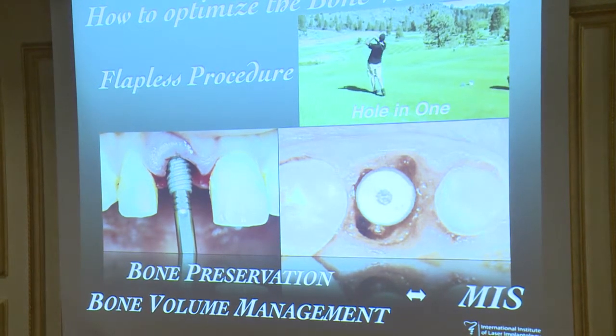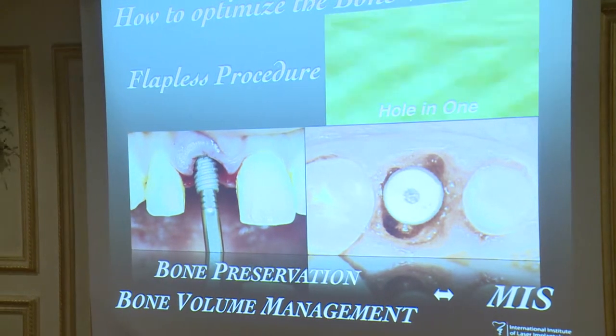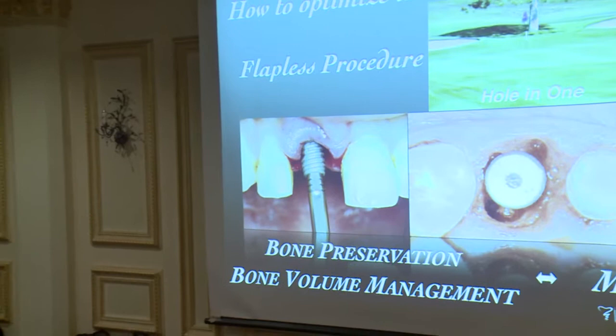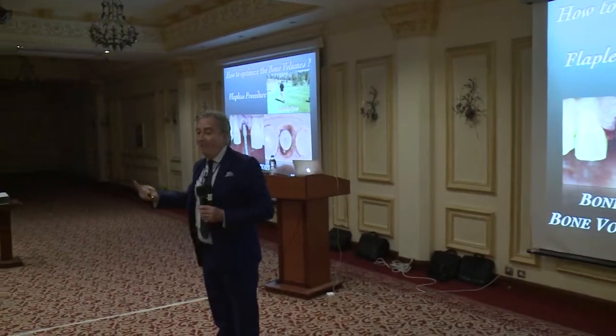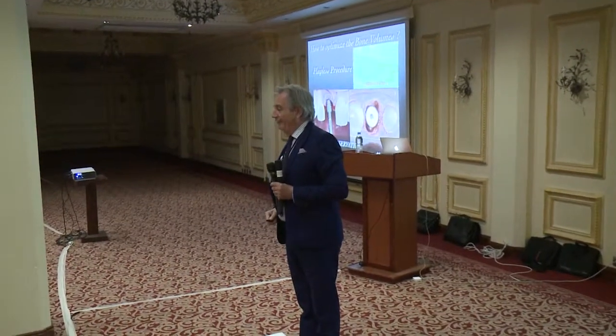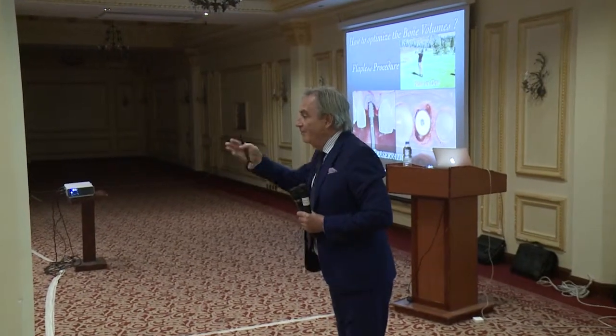The hole-in-one in golfing is the Grail. This is the dream of every golfer, doing the hole with the first shot. And if we can get the same outcomes in doing this, this is our Grail.